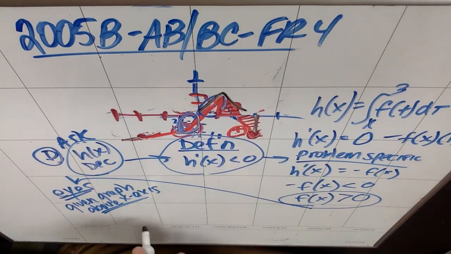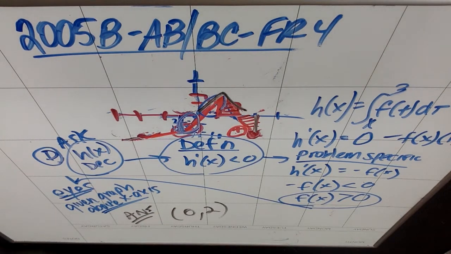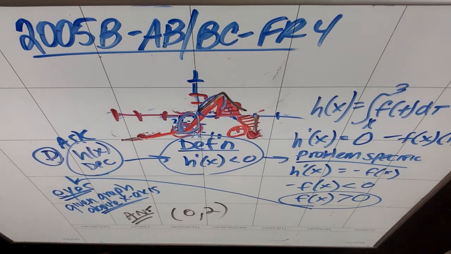So the answer is going to be 0 to 2. Now, the AP includes the 0 and 2. I have a point of disagreement with them because I would argue that the graph is actually not increasing or decreasing at the values where f is 0. But the AP's answer includes them. I don't include them. You can take your argument up with the AP because I disagree. So cool.